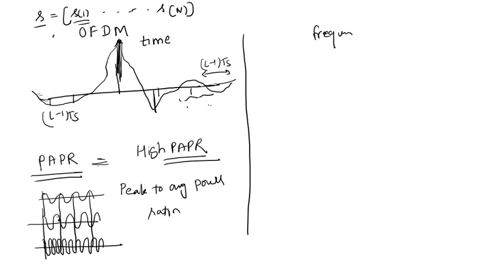And how your OFDM signal will look in the frequency domain, you can see like this. As I told you, you divide your whole available bandwidth into various subcarriers, fc plus 2B by N, and each carrier will carry information.